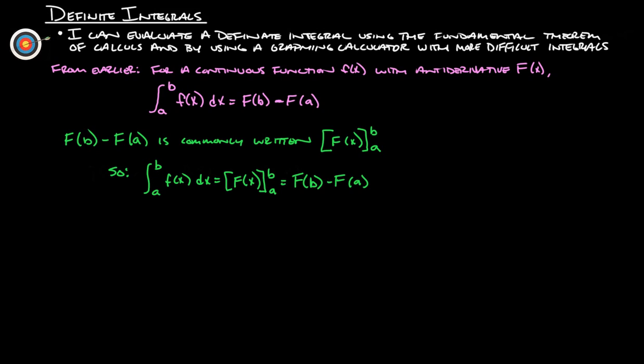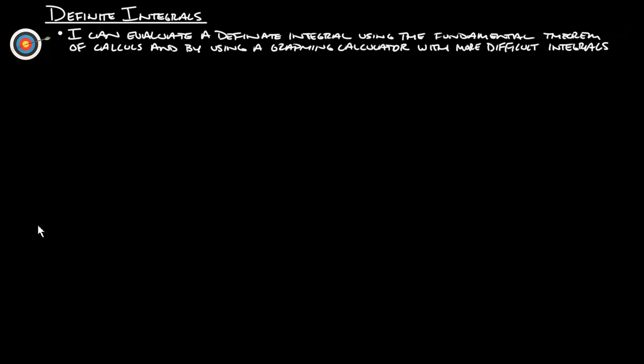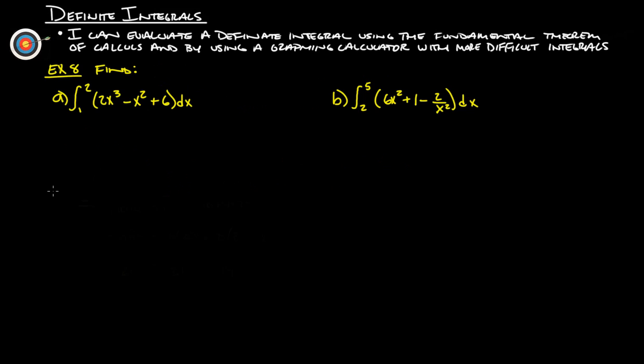Now, where this is going to make a lot more sense is when we put it into an example. So here we go. We're going to find the integral of 2x cubed minus x squared plus 6 from 1 to 2 with respect to x. And then also we're going to do this one over here as well.